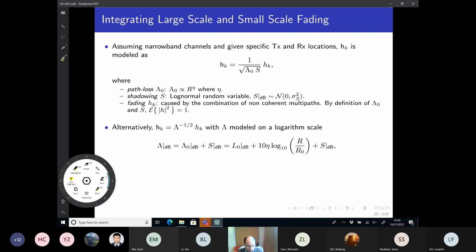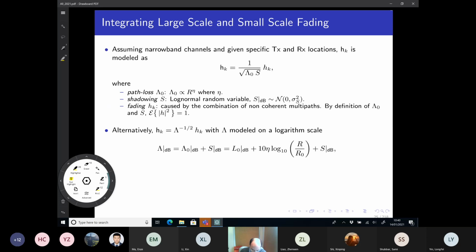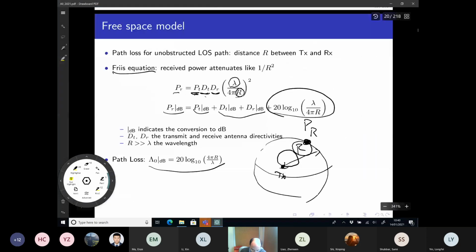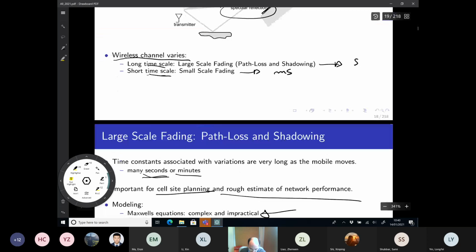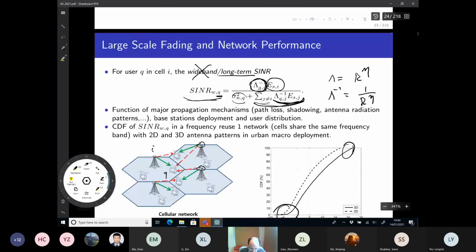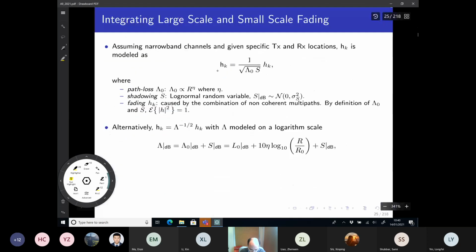Good. So this is what our narrowband channel looks like now, if I include the small-scale fading and the path loss and the shadowing. So we had this h of k, and you look at the different notation here. I have an h of k here that was actually, I would say, straight h. And now I'm writing this straight h as a function of three terms.